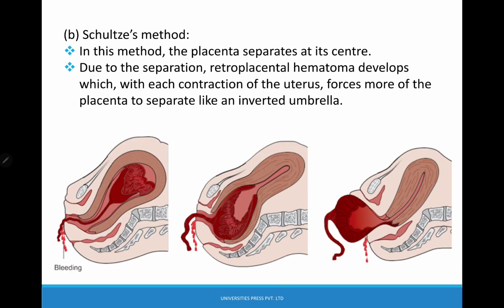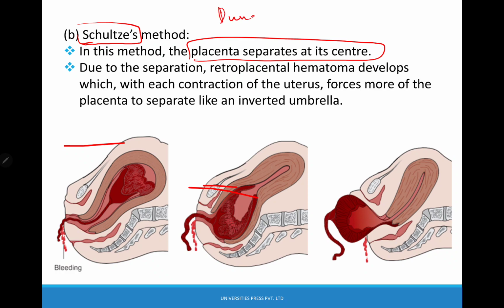Now the next method is Scull's method. What is Scull's method? In Scull's method, the placenta separates at its center. So guys, in case of Duncan's method, the placenta will separate from the periphery, whereas in Scull's method, the placenta starts separating from the center.